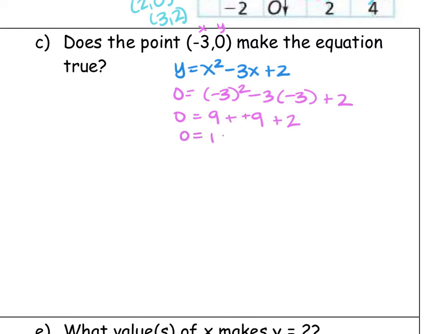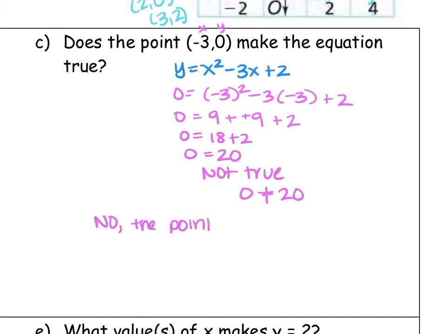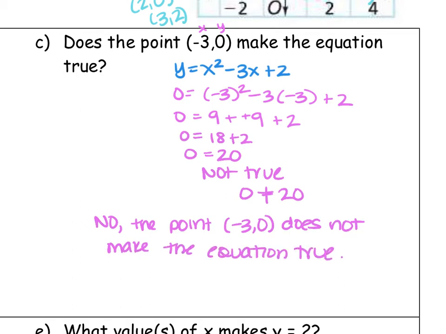So 9 plus 9 is 18, plus 2 is 20. Is 0 equal to 20? This is not true. So no, the point (-3, 0) does not make the equation true. What does that mean in terms of the graph? That means the point (-3, 0) would not be on the graph of this equation.